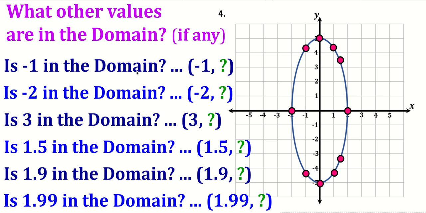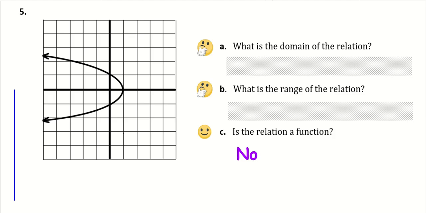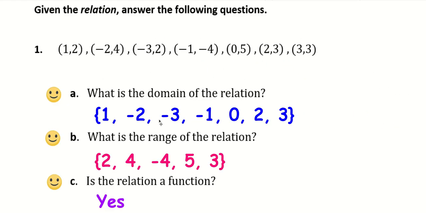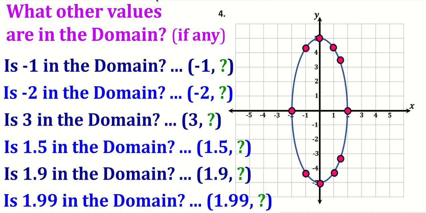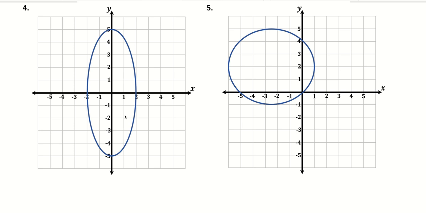So how are we going to say that? We can't make a list, because it's a never-ending list. So how do we go about describing the domain and the range when it's an endless list of numbers?